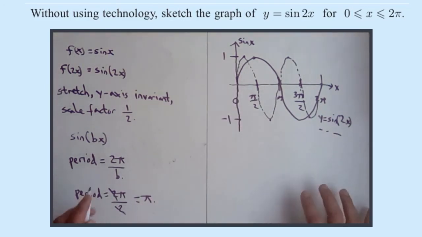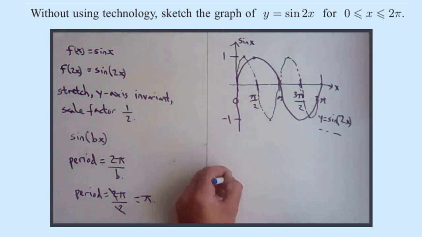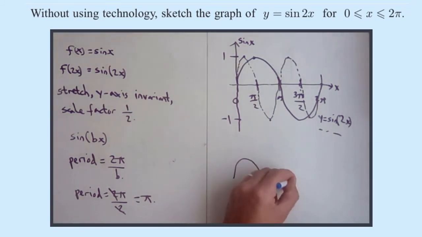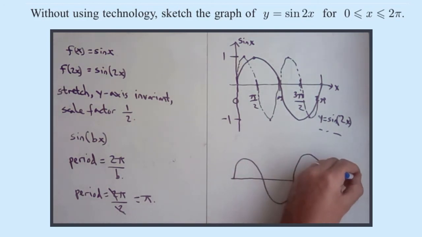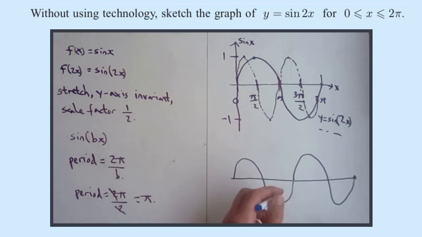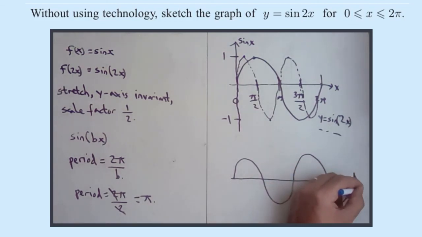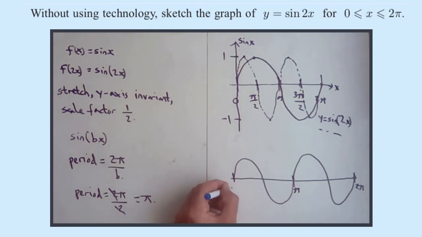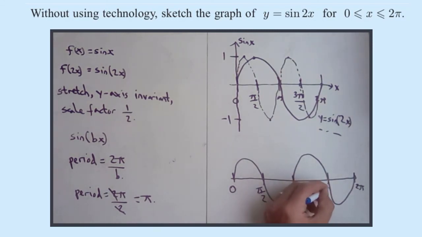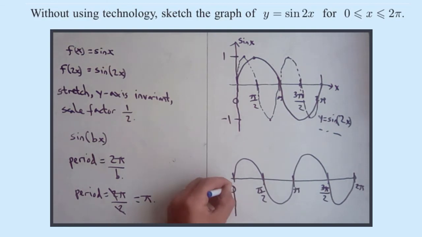But if I know it's going to do 2 cycles in 360 degrees, in 2 pi radians, I can just start from here and do one sine wave, another sine wave, and then draw the axes. I know that was 2 pi, so this must be pi. And just fill everything in. It must be 0, this must be pi by 2, and so on. Get your axes, and it's done.